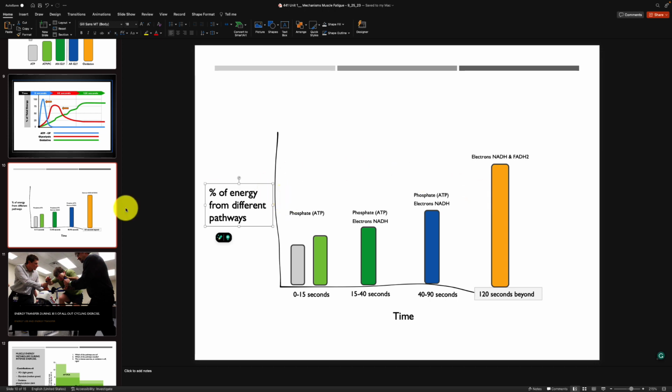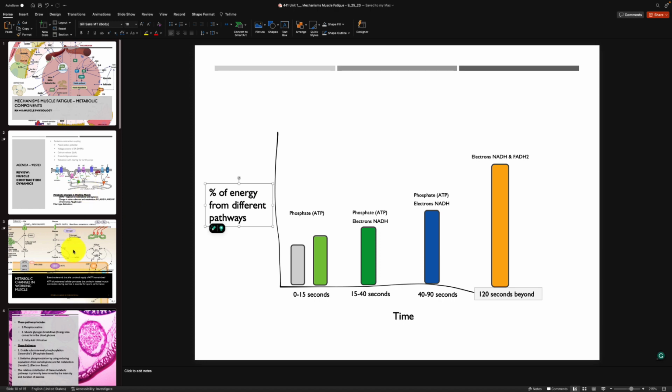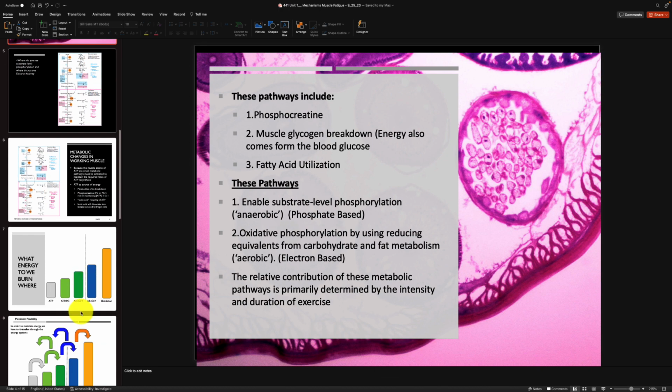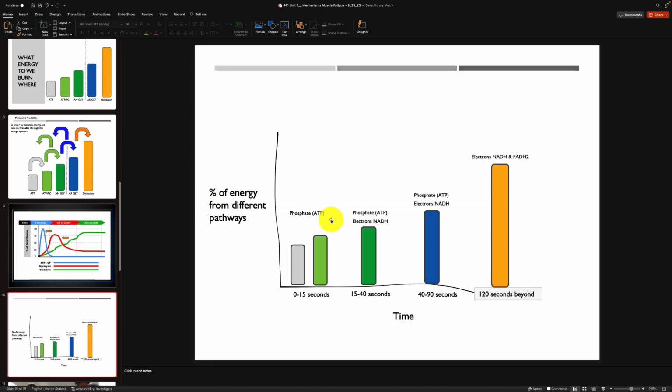And as I mentioned before, if we go all the way back to this slide here, these pathways enable substrate level phosphorylation, right? So that's what I'm showing you here. Let me go back to this slide. I'm showing you that we have ATP being resynthesized. So what does that mean?